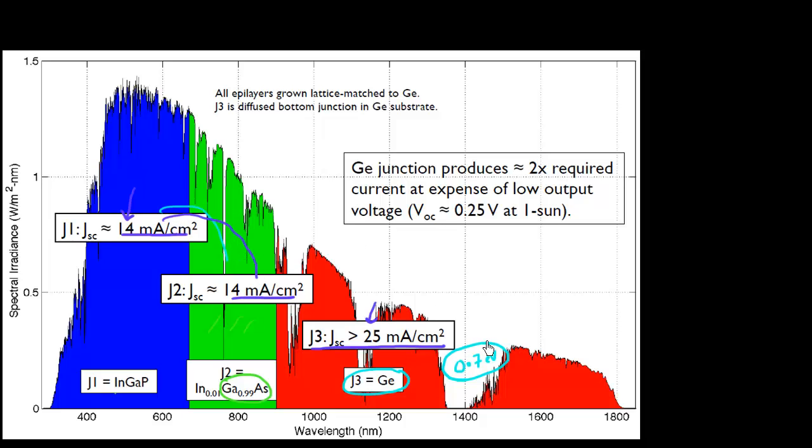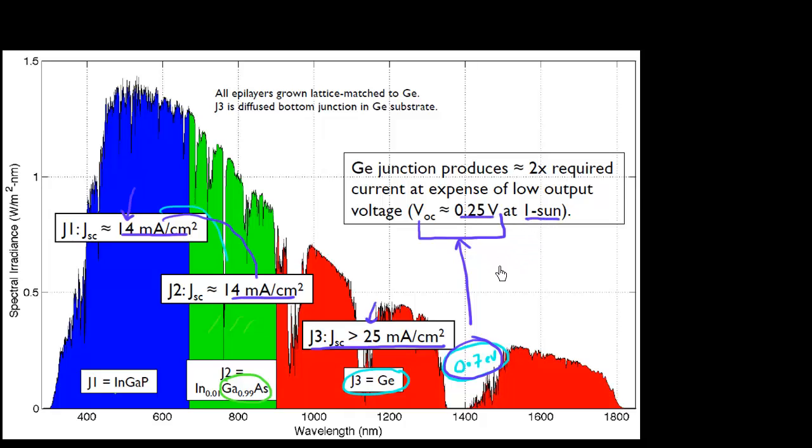At the same time, since it has a lower band gap, it also gives me a lower open circuit voltage, because open circuit voltage is directly proportional to the band gap of the material from which I'm forming the junction. So it gives me an open circuit voltage of only 0.25 at 1 sun.